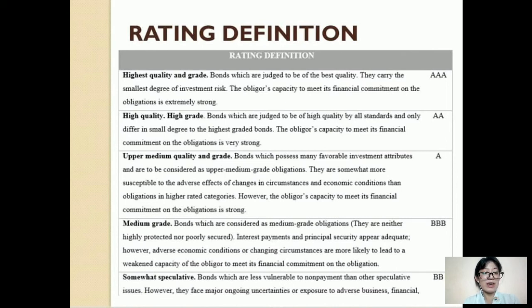From AAA to A, these bonds are considered best quality because they show many favorable investment attributes and can carry a small degree of investment risk. The obligor's capacity to meet its financial commitment on the obligation is also extremely high.